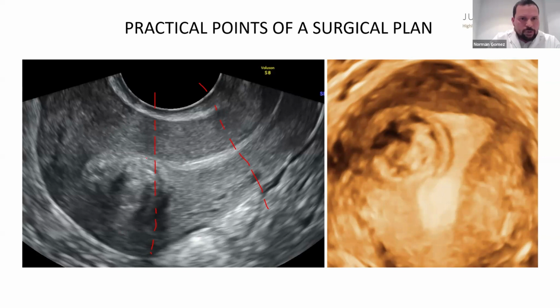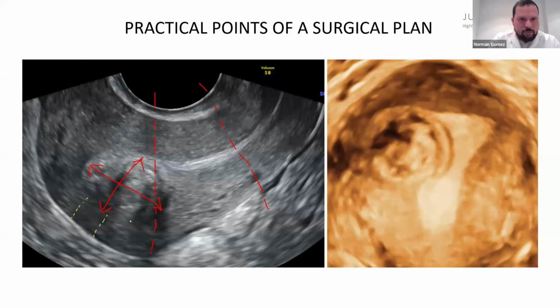Also, we need to measure the diameters of the fibroid, of course. This is another aspect to take into account. And also, we need to measure the distance from the fibroid to the serosa.